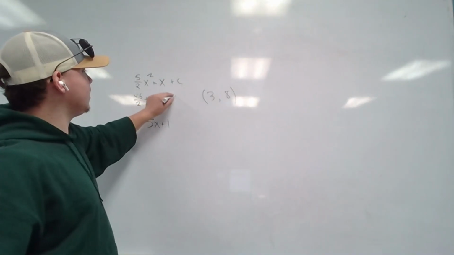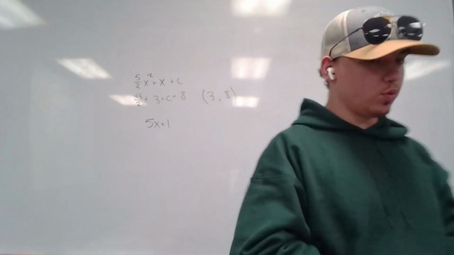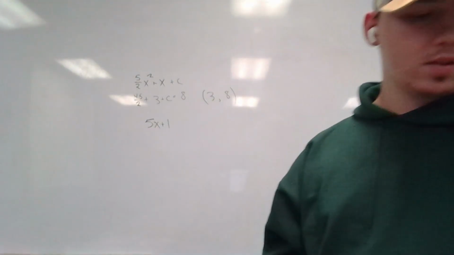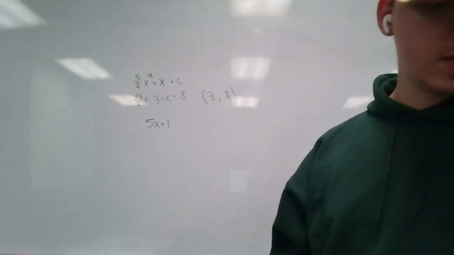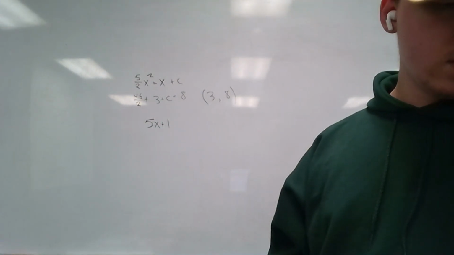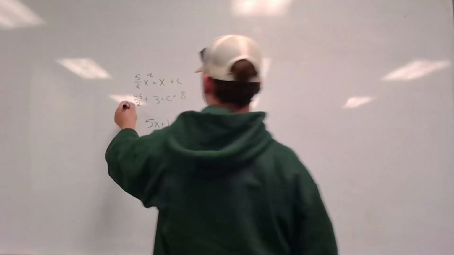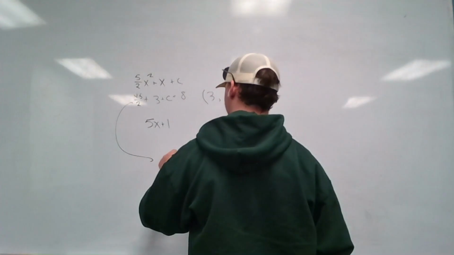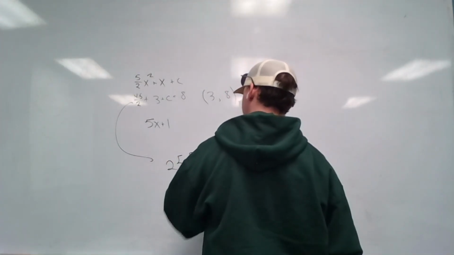Plus c equals 8. So 45 over 2 plus 3 is equal to 51 over 2, which is equal to 25.5. So 25.5 plus c equals 8.